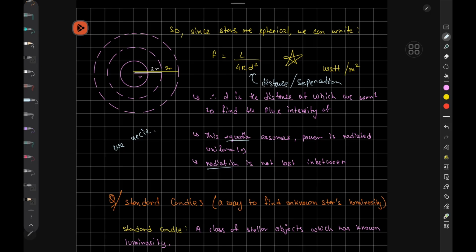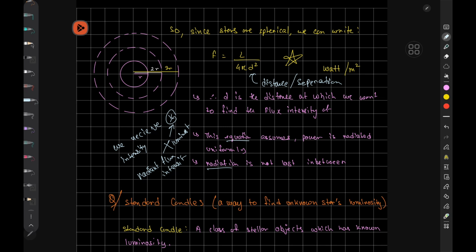So we receive, let's say, X intensity of light, and this X intensity is obviously not the luminosity of the stellar object. This is a portion or a part of the total luminosity, or in essence it is the radiant flux intensity.